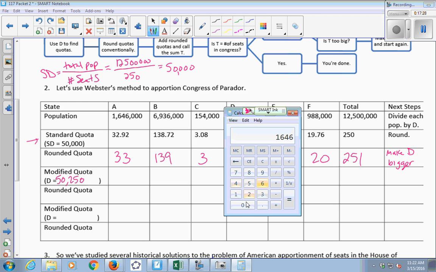All right, this is going to take a couple minutes. And I get 32.76.